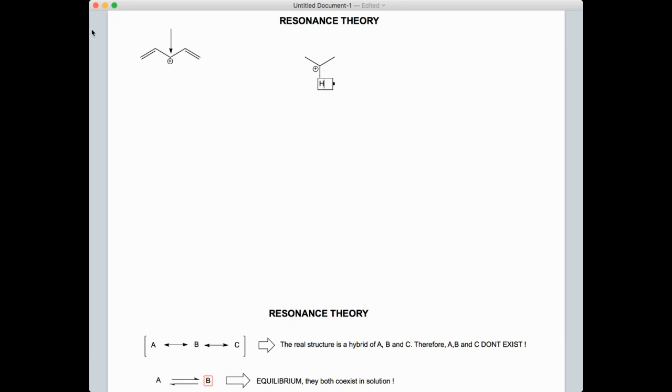Okay, so guys, 3 sigma bonds, meaning that there are 3 areas of electron density around this carbon. One area here, sigma bond, another area here, another sigma bond, and another area here, another sigma bond, meaning 3 clouds of electrons around this carbon.